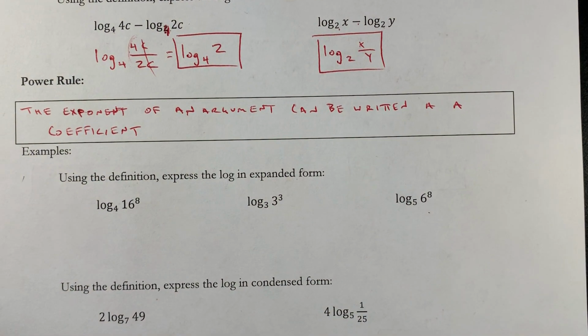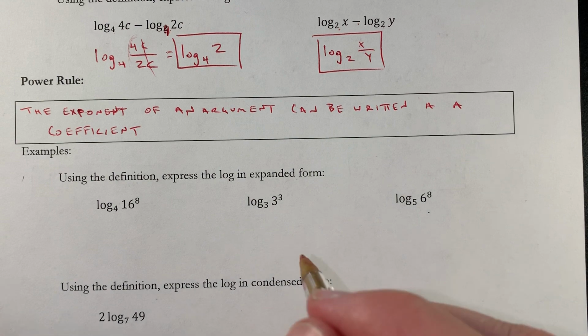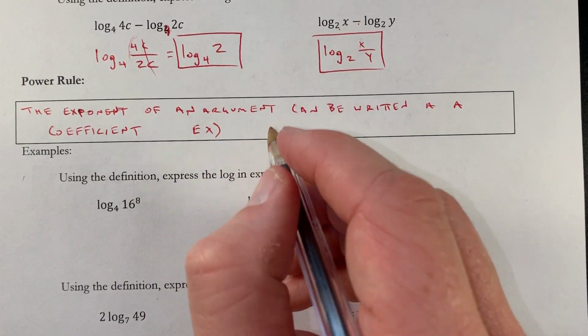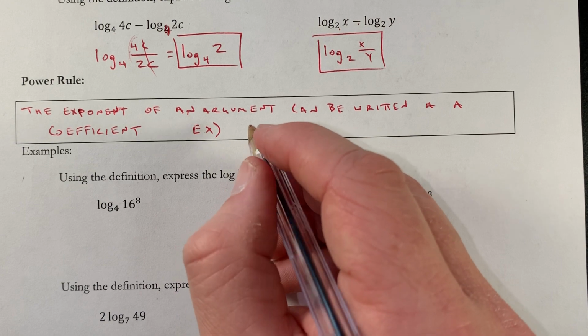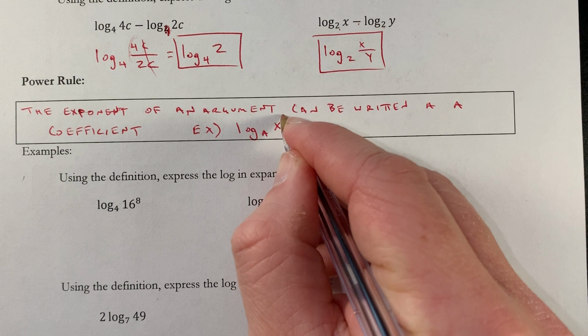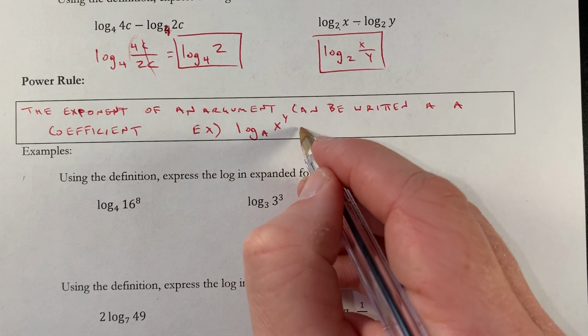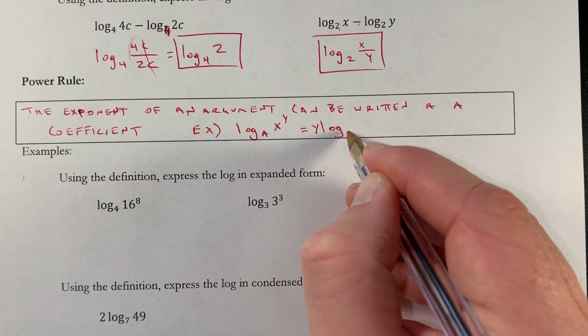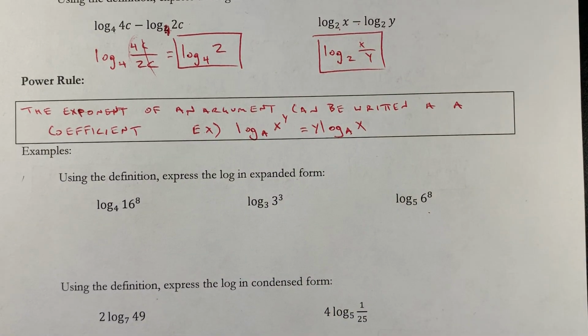Okay, coefficient is the number in front of an expression, the number you're multiplying by. So for example, if you have log base a of x to the y power, that's the same as y times log base a of x.